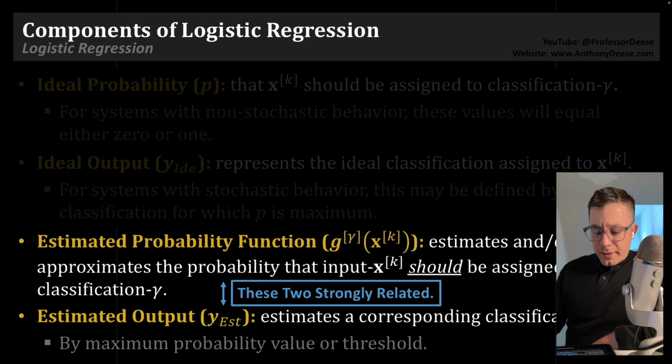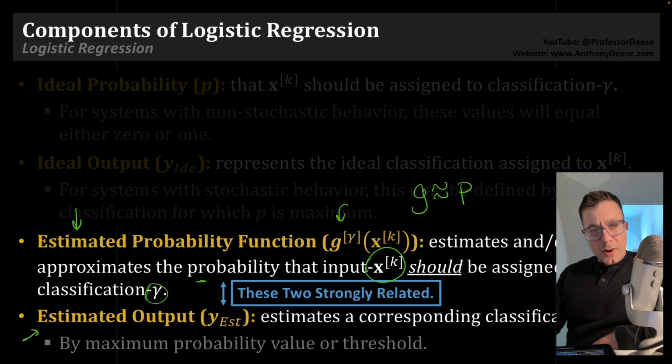Now, there are 2 more components that we need to discuss. Like the ideal probability and ideal output, we also have an estimated probability and an estimated output. So the estimated probability function, represented by G, approximates the probability that an input X should be assigned to a classification gamma. So obviously you would expect G to approximate P. Now the estimated output, which we refer to as Y sub EST, approximates the corresponding classification.